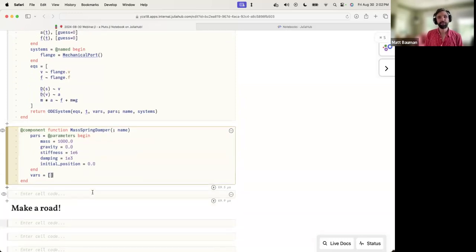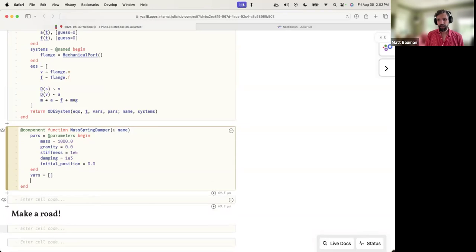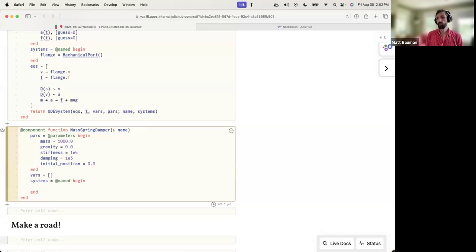I'll finish this and then we'll take questions on the entire system as a whole after we put these things together. How do we define those systems though, right? The mass spring damper needs to know about them. So our systems are going to be this named collection. Our damper, it is the damper, you just call it.